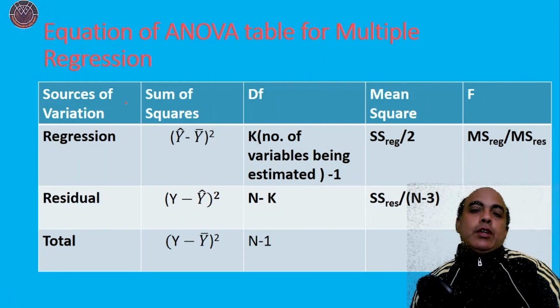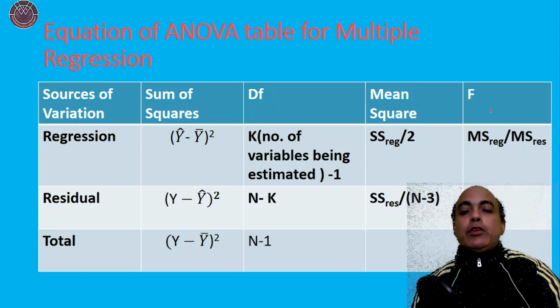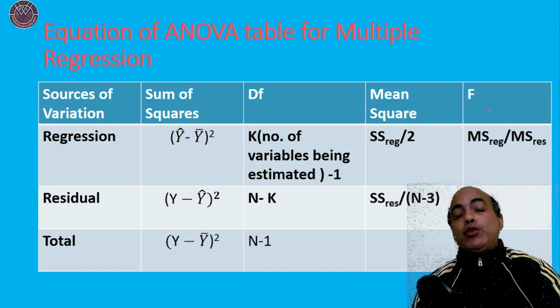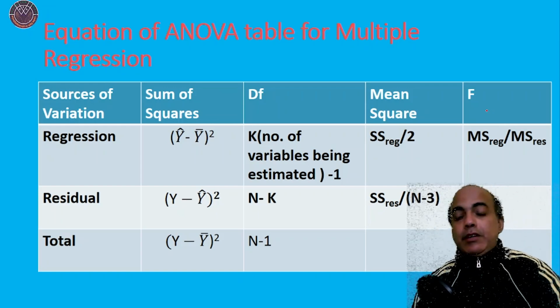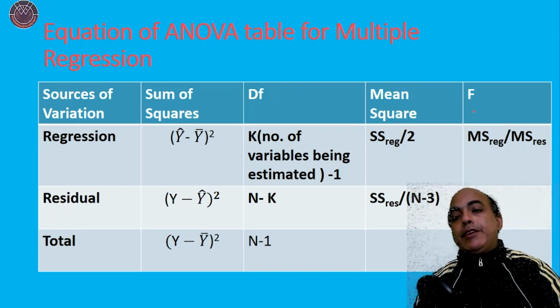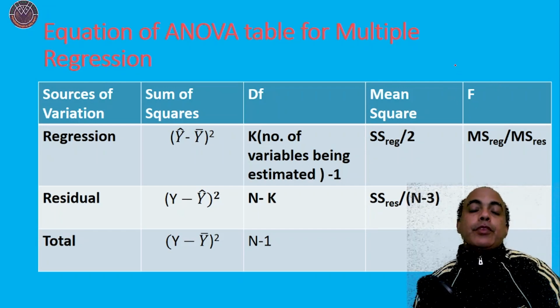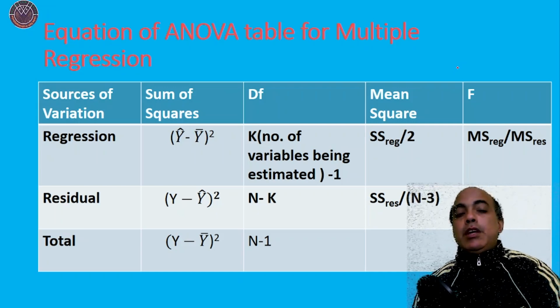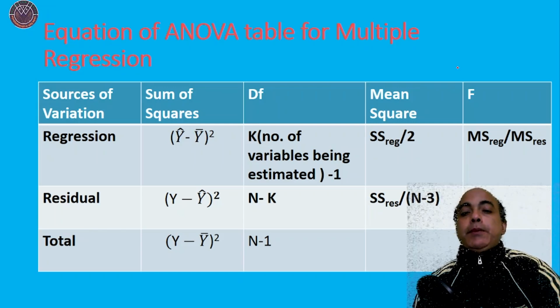The F test starts from the hypothesis, the null hypothesis, that there is no relationship between the independent and dependent variables. For the success of the regression model, or for the success of deriving the best line of fit, it should be significant, so that our null hypothesis is rejected, and we will be in a position to say that there is a significant relationship between the independent variables and the dependent variable.